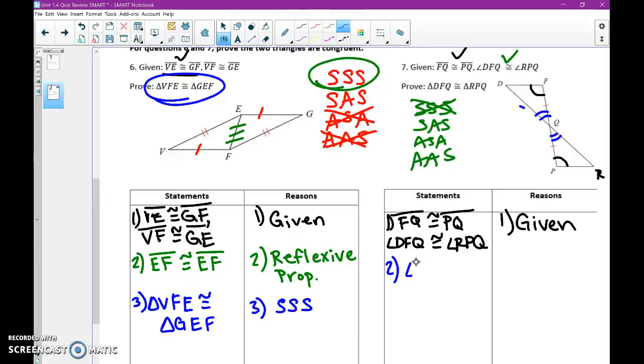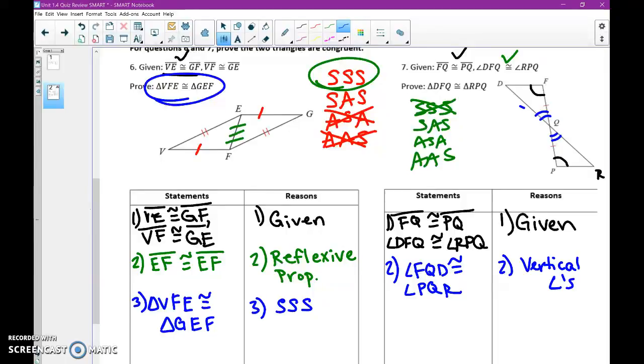Hopefully in your head you're saying them. Don't you dare write down angle Q is congruent to angle Q. You need to put 3 letters. So FQD is congruent to angle PQR. Notice Q is in the middle of both of those names. Hopefully in your head you remember that they are vertical angles.